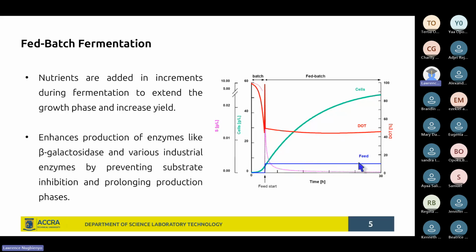You notice that if this was a batch, the red line from the beginning shows that the batch was ending, and just when it is ending, there is an introduction of feedstock into the system. Because of the introduction of the feed, you have the growth of cells, represented by the green curve, increasing all the way up.